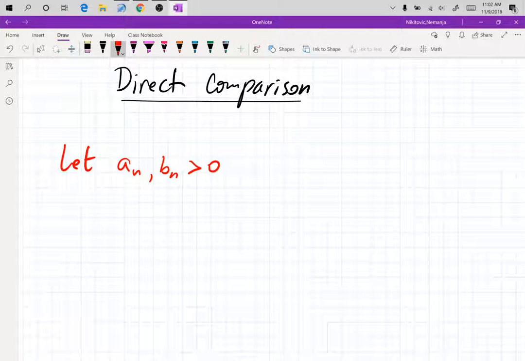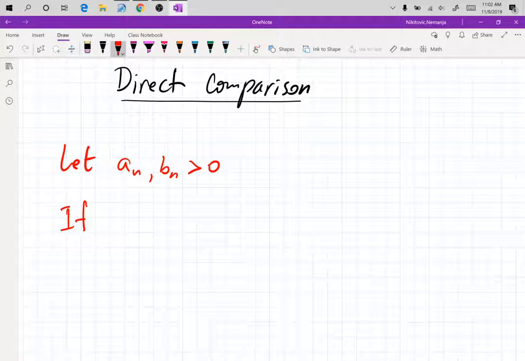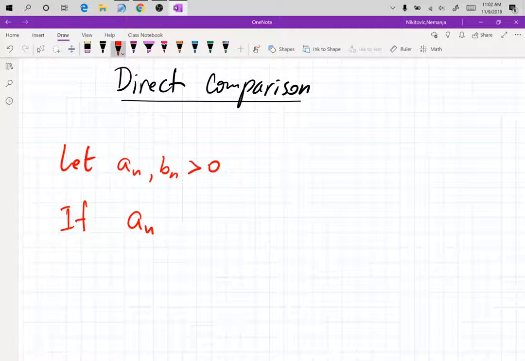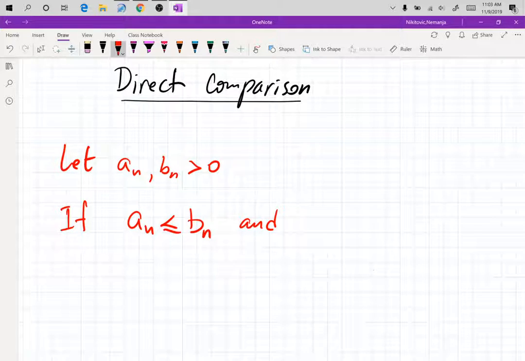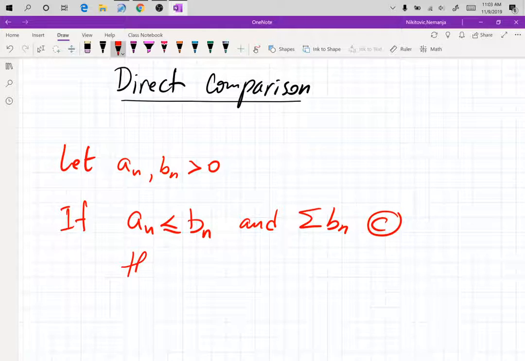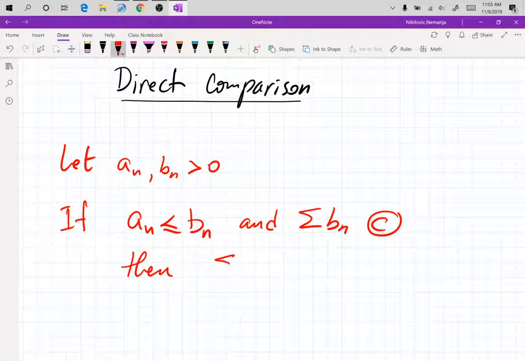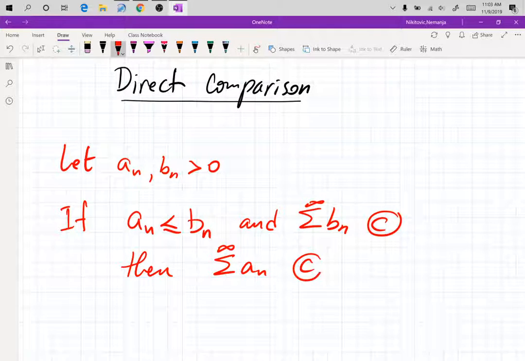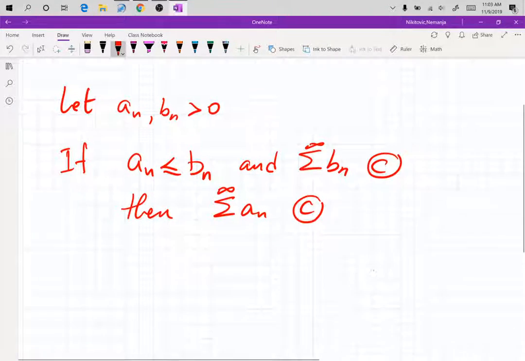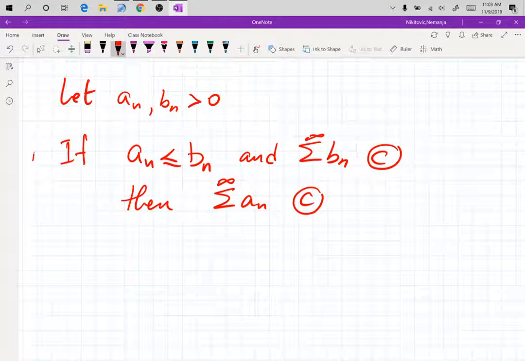And now we're going to have, if AN is smaller or equal than BN, and summation of BN converges, then summation, these are infinite, of AN converges as well. So that's number one.